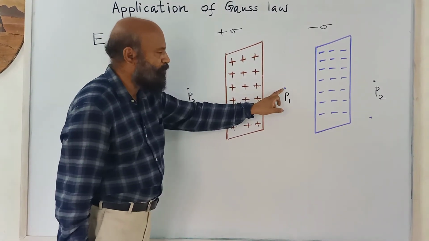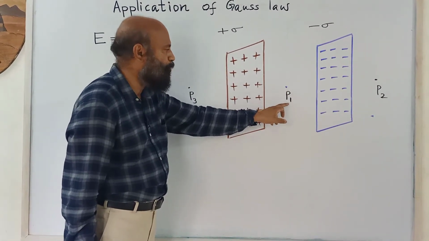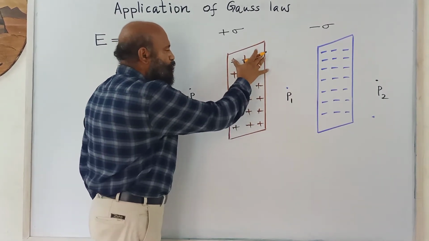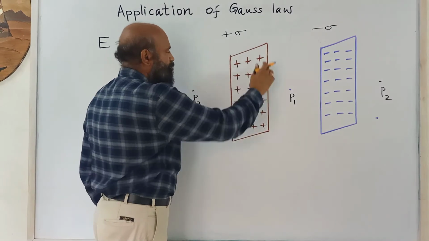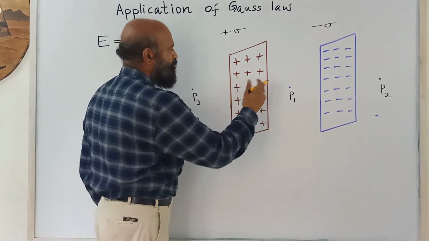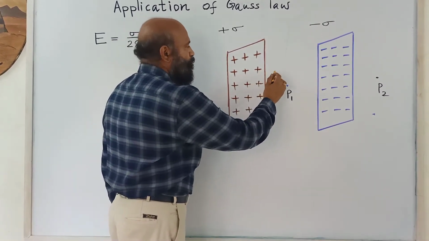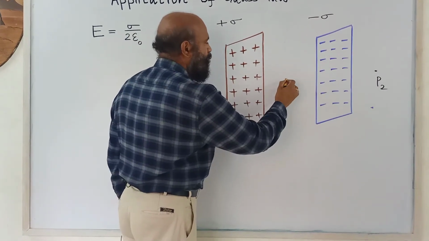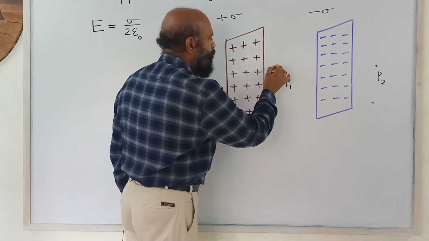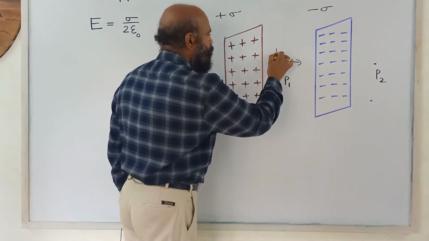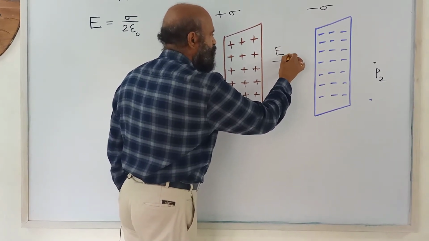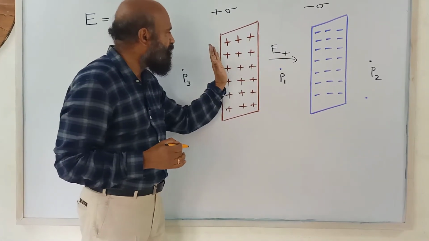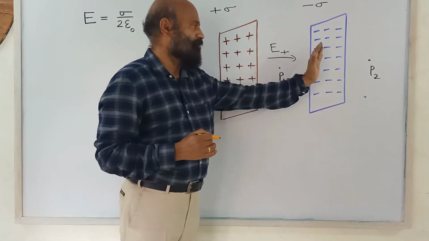First let us see what is the electric field intensity at P1. It is in between the sheets. Due to this positively charged infinite sheet, electric field intensity will be directed outward. So E plus, that is electric field due to positive charge, is directed away or outward.